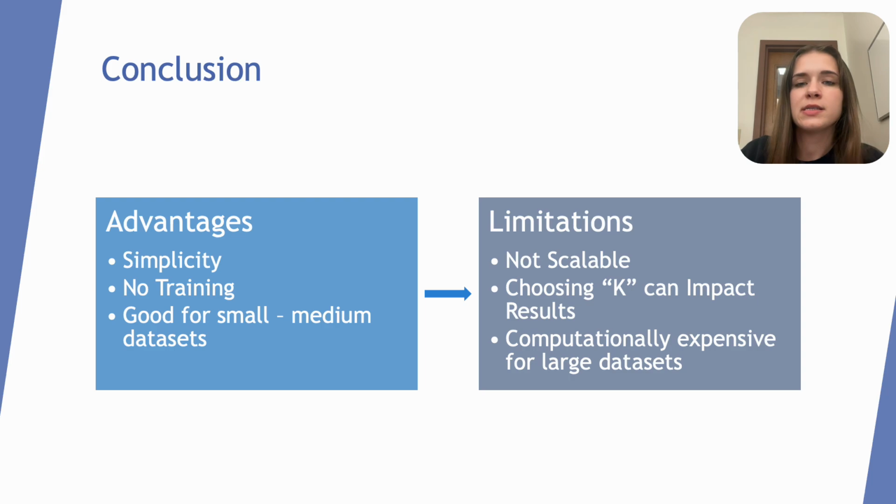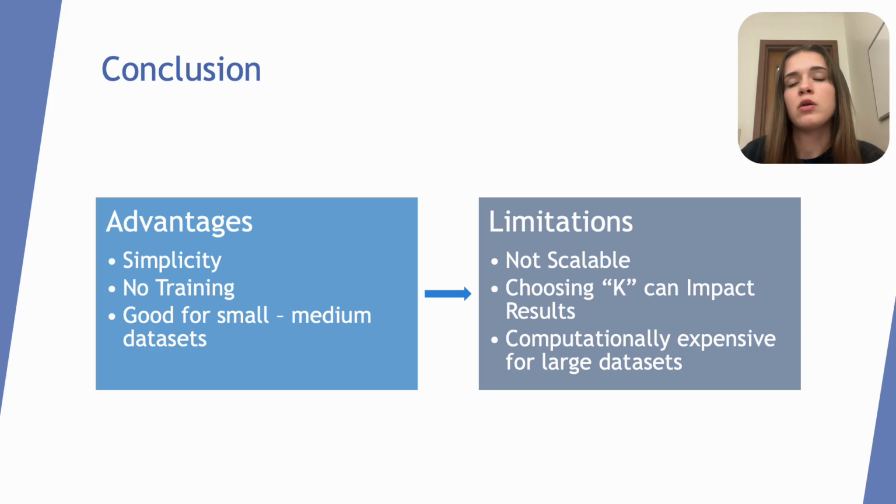It's not very scalable, and it does not hold up well with high dimensional data, so like data with a lot of features, because the concept of being near to something becomes less meaningful when there are so many factors influencing it. Another thing is that choosing K can impact results. So a really small K can lead to overfitting, which I kind of mentioned earlier.